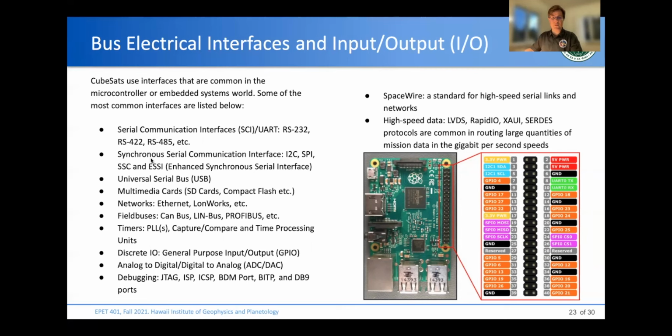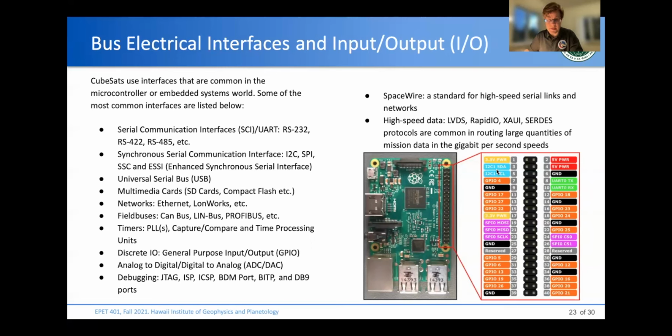You have also synchronous serial communication interfaces. So I2C is a very common one. SPI is another very common one. And let's see, I put a picture here of the Raspberry Pi, so you can see some of these. So you have here SPI in pink.